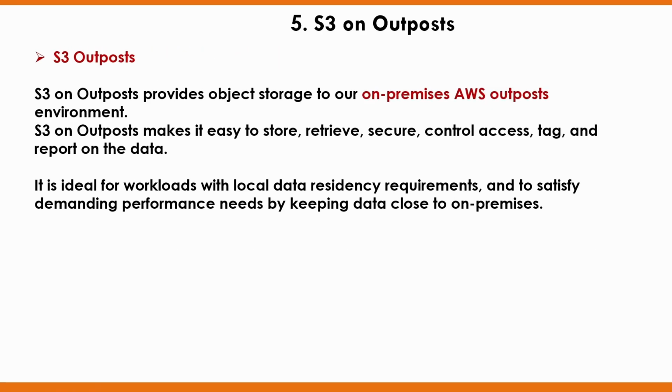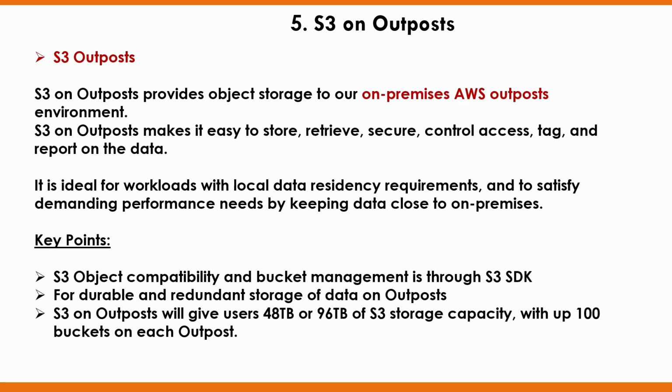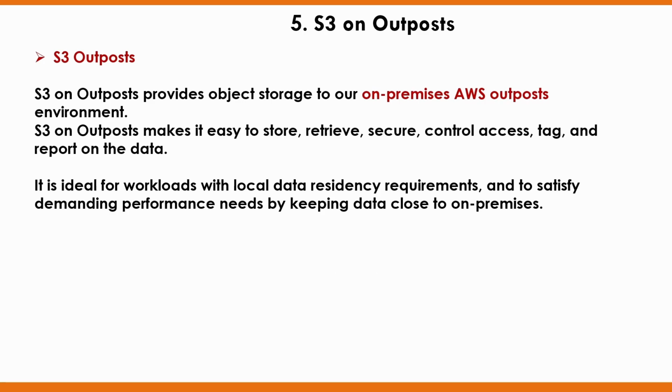Next one is S3 on Outposts or S3 Outposts. So S3 on Outposts provides object storage to our on-premises AWS Outposts environment. S3 on Outposts makes it easy to store, retrieve, secure, control access, tag and report on data, and it is ideal for workloads with local data residency requirements and to satisfy demanding performance needs by keeping data close to on-premises.